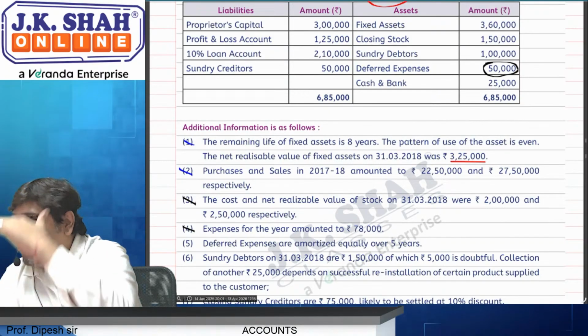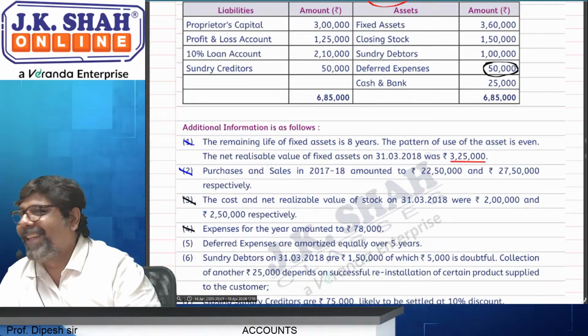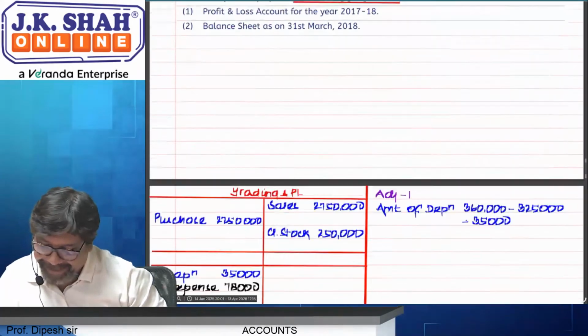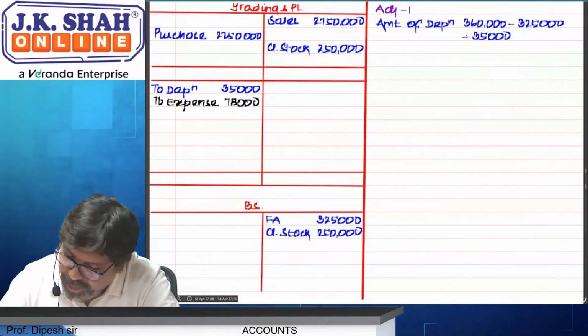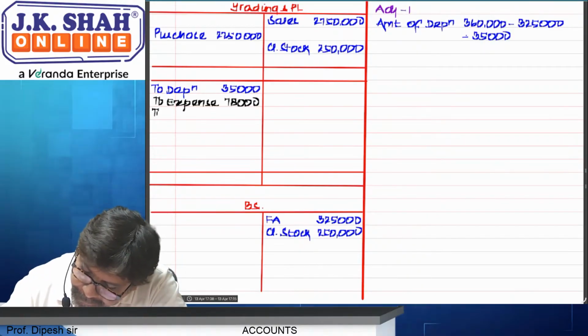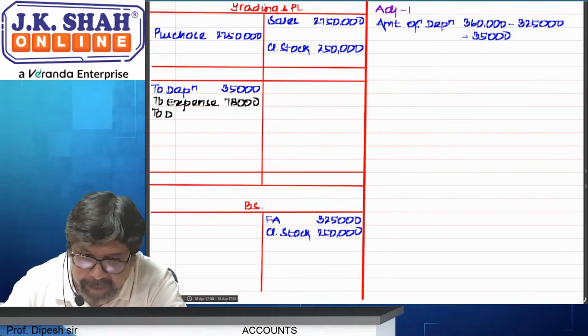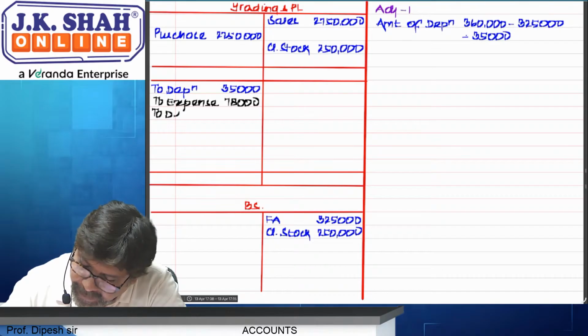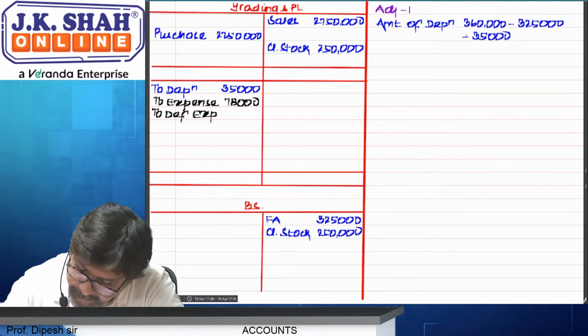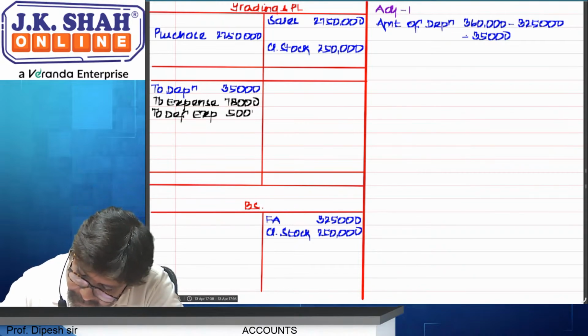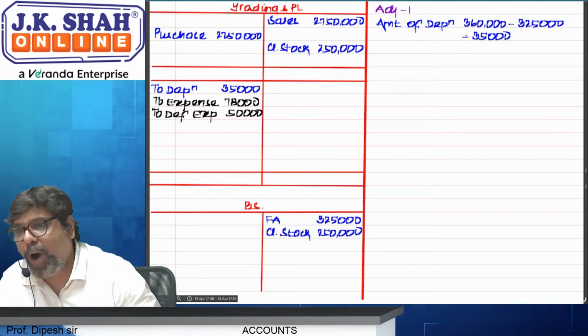Why? There is no future only. To deferred expense. How much? 50,000.